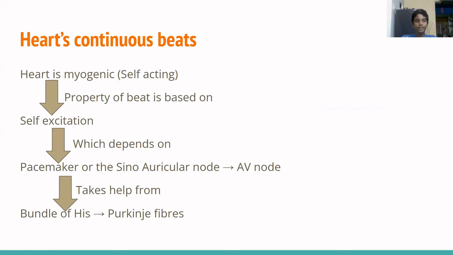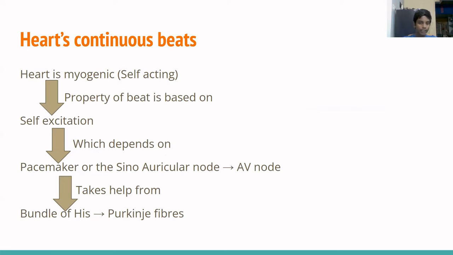Heart's continuous beats. This heart does not get the beats on its own. There is something that helps it to get this beat. Heart is myogenic, which means it is self-acting. The property is based on self-excitation.